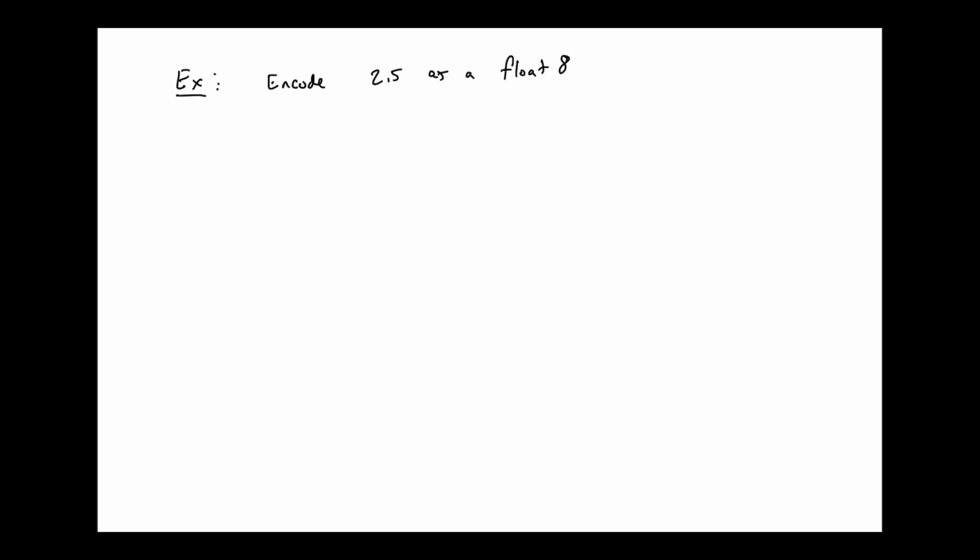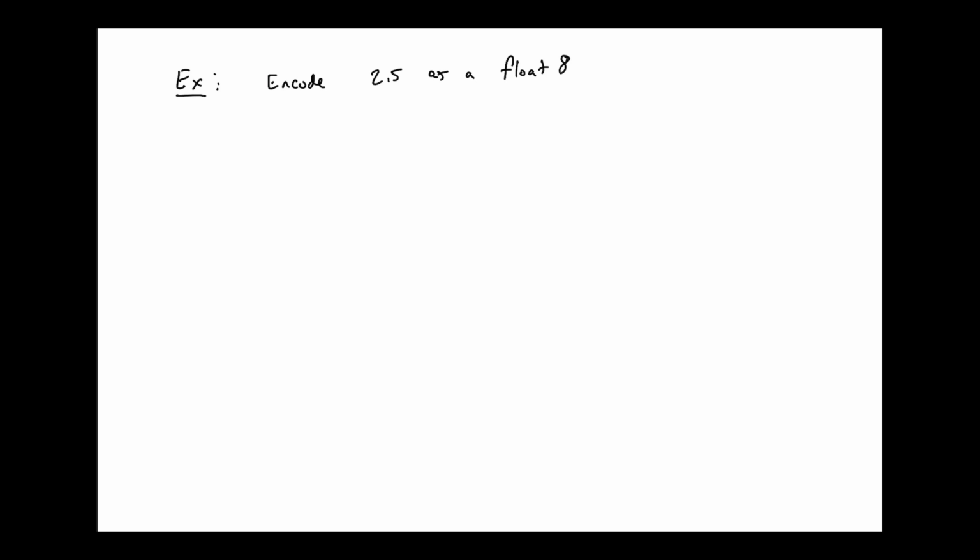Okay, and like we did with the integers where we talked about int8 or uint8, I'll call this data type a float 8. It's a floating point number, and we're doing things in 8 bits, so hence the name.